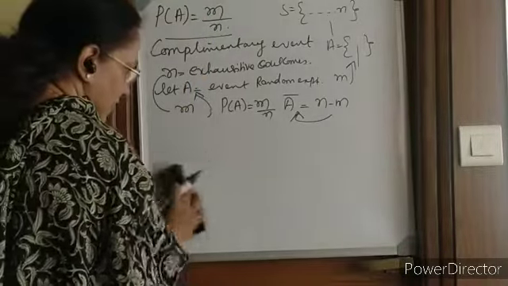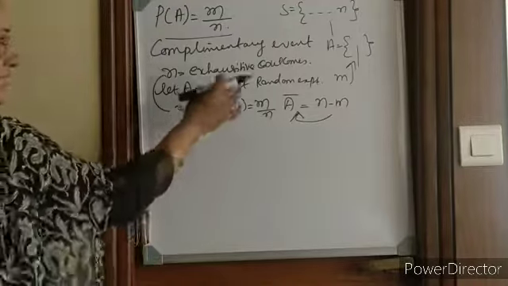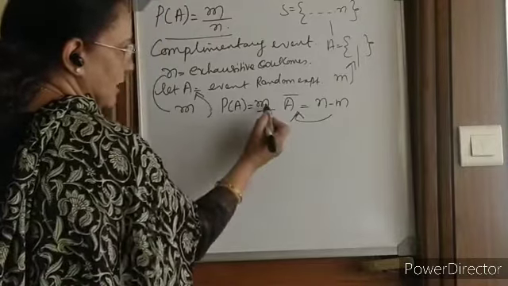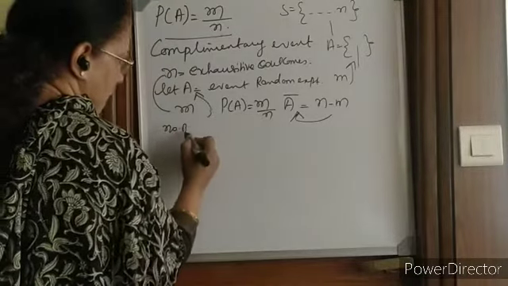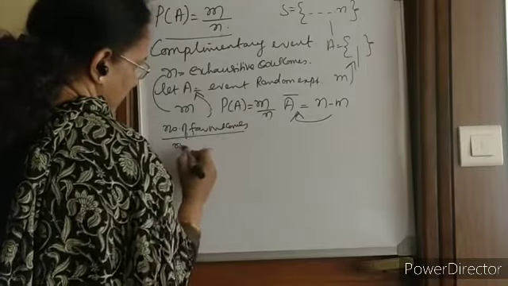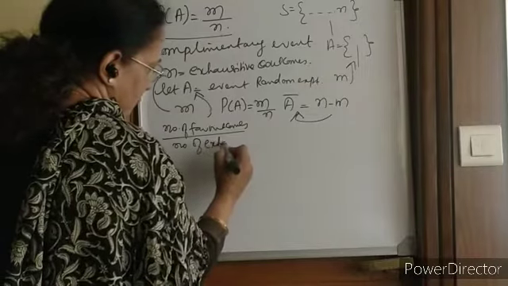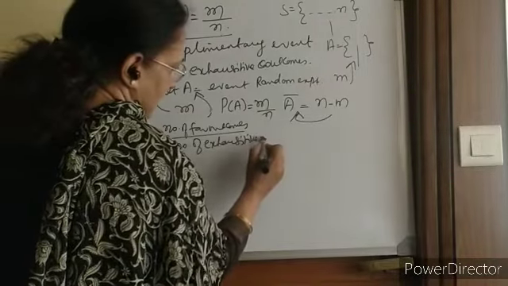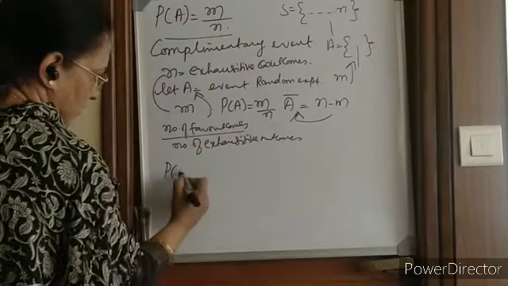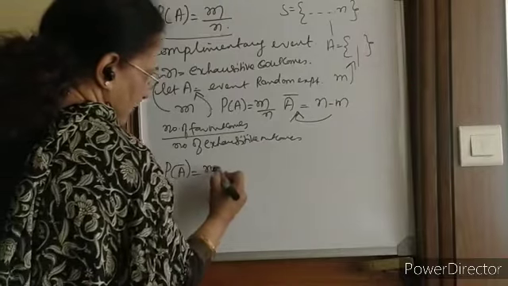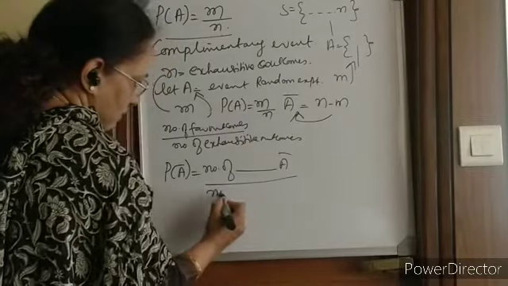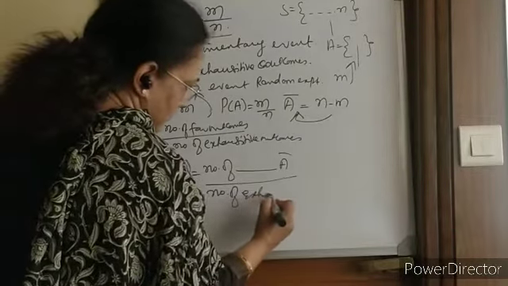I will illustrate this again with the help of an example. Now this is the general format I am giving you. So when you take this definition, how did you get this one? M is the number of favorable outcomes to A divided by the number of exhaustive outcomes. In the last class I have given you the definition, right? So now using the same definition, probability of A bar will become the number of favorable outcomes to A bar divided by the number of exhaustive outcomes.